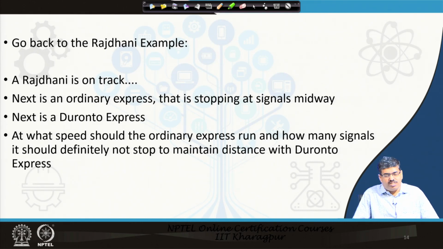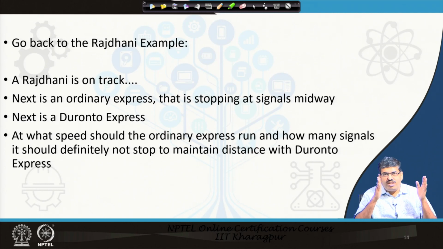Now, take another situation. Rajdhani is on track. Next is an ordinary express that is stopping at signals midway. So, it was supposed to go at 100 kilometers per hour, but it is stopping at different signals. But the very next train behind this ordinary express is a Duronto, and Duronto moves at the same speed as Rajdhani. So, what is happening?